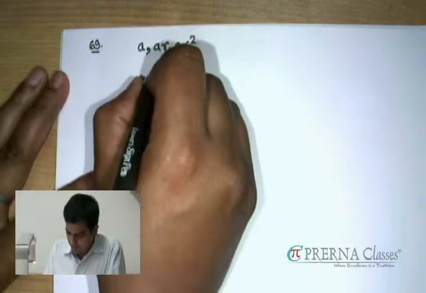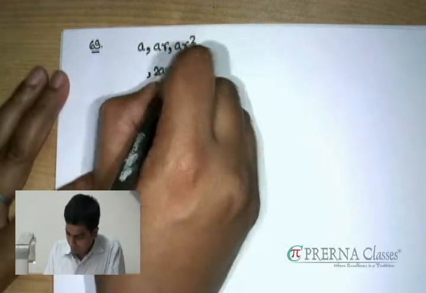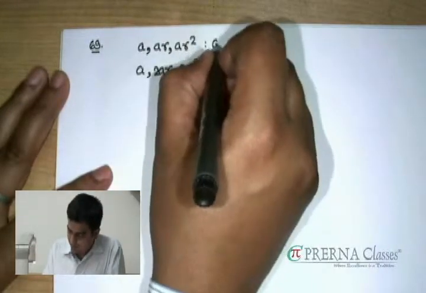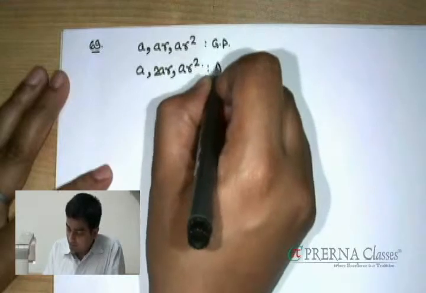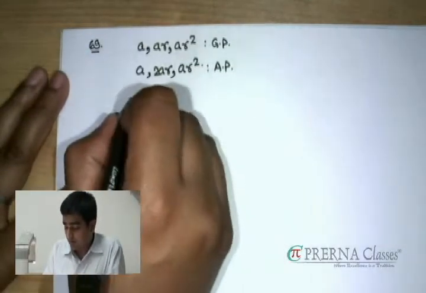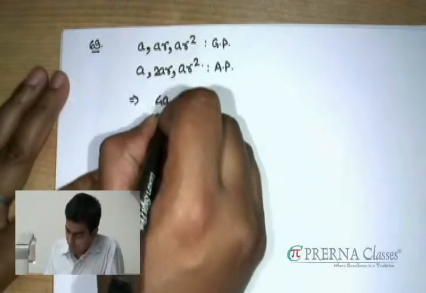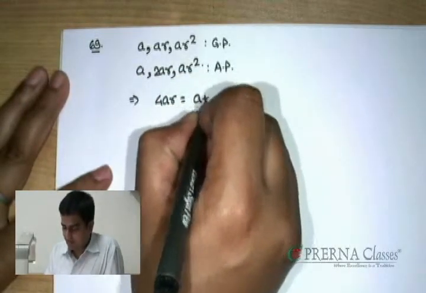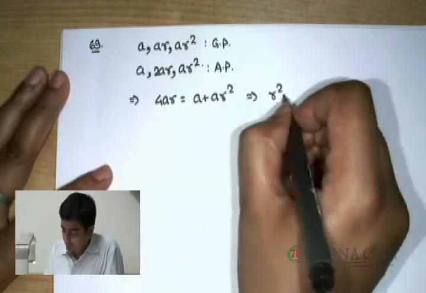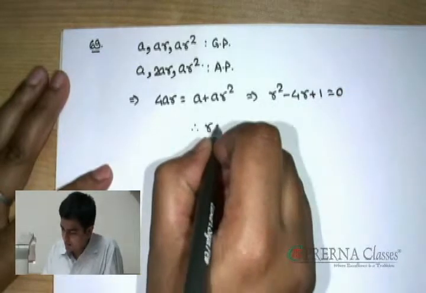Further, it is being told that when we double the middle term, this particular series is going to form an AP, on the basis of which we have to figure out the common ratio of that GP. Utilizing the fact that this set is forming an AP, we will end up getting this result, which is simplifying to a quadratic equation.